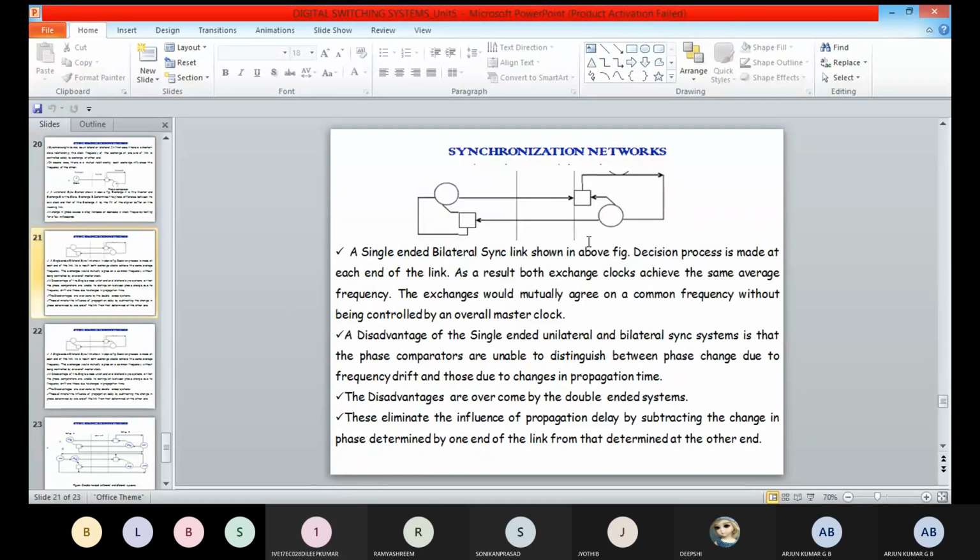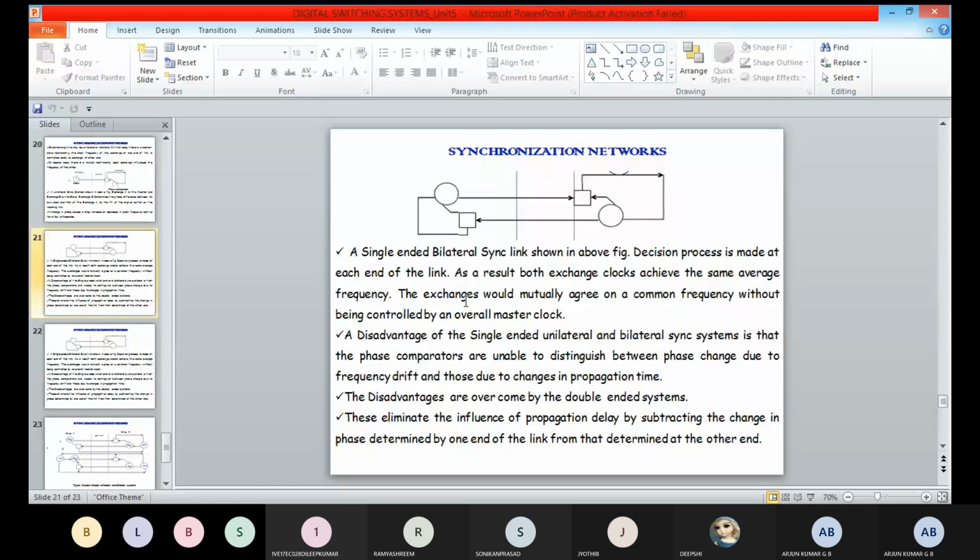In the second figure, there is a mutual relationship. This is also a single-ended bilateral synchronous link, and the decision process is made at each end of the link. As a result, both exchange clocks achieve the same average frequency. The exchanges would mutually agree on a common frequency without being controlled by an overall master clock.